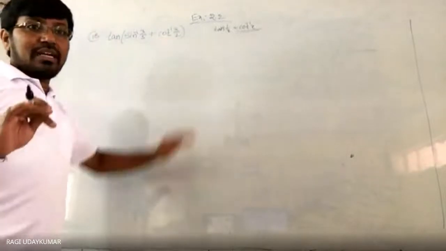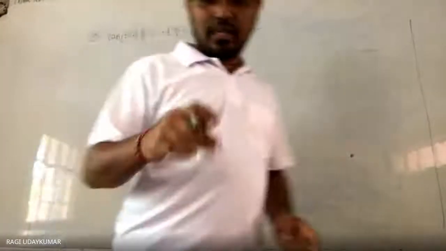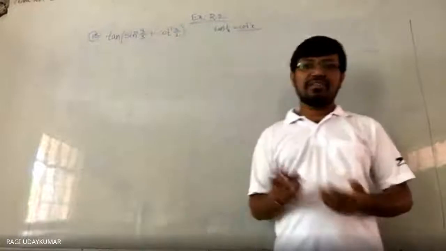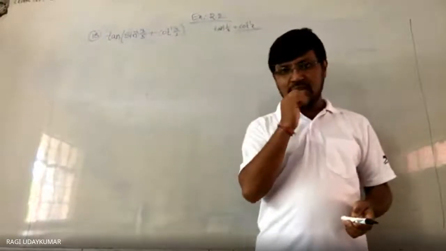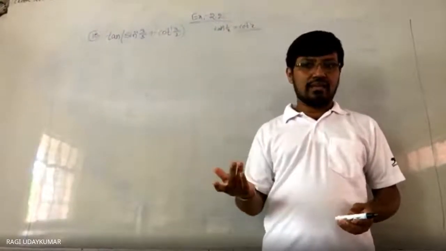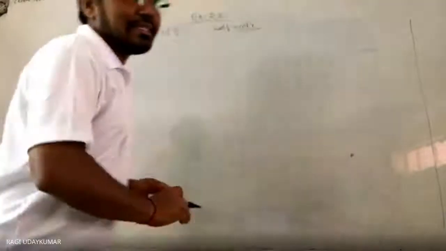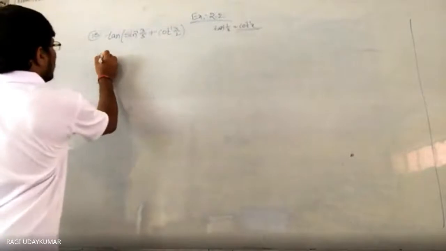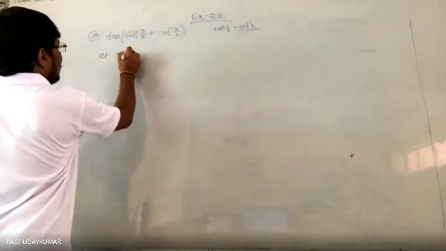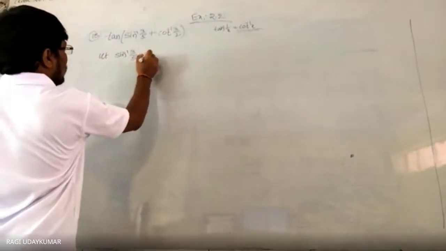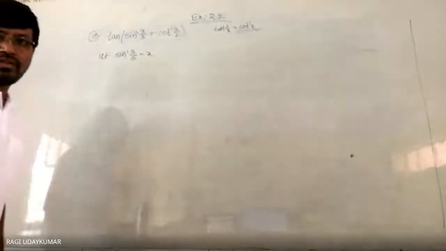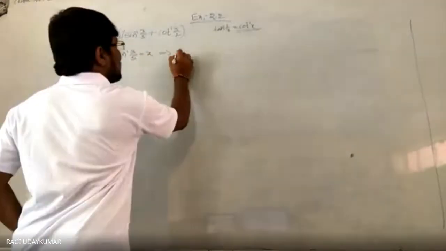So how do we convert any inverse trigonometric function? Suppose it is given to you sine inverse of x, how do you write it in terms of tan, in terms of secant? Very simple here. First let us take that this is equal to x. Let sine inverse of 3 by 5 be equal to x. Then what do you get from this?